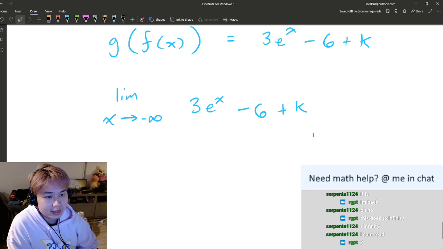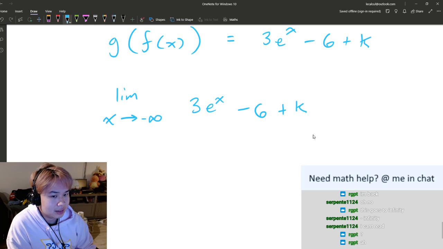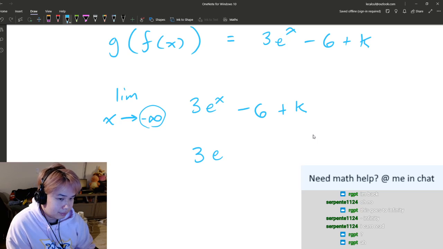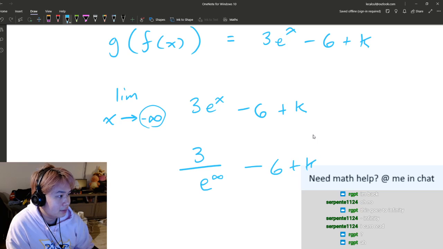Okay. So, in very loose speaking terms, x is going to go to negative infinity. So, for example, this is our only x value. So, you can consider this as 3 over e to the power of positive infinity, minus 6 plus k. And again, you said that you know that this is negative 4, right?